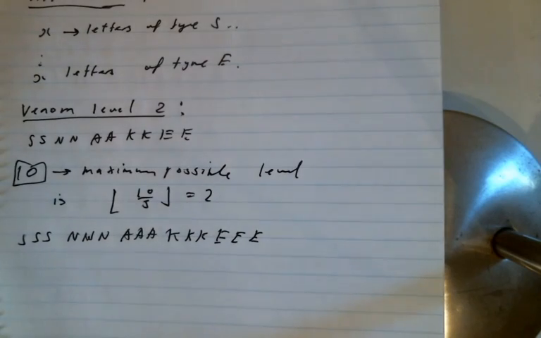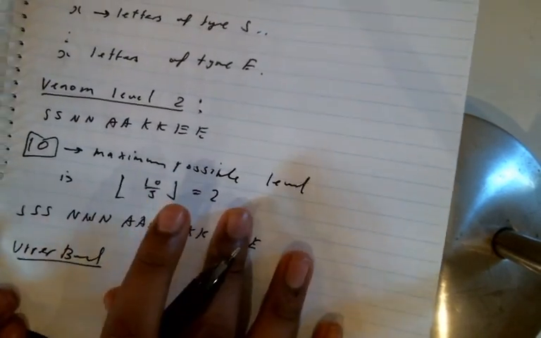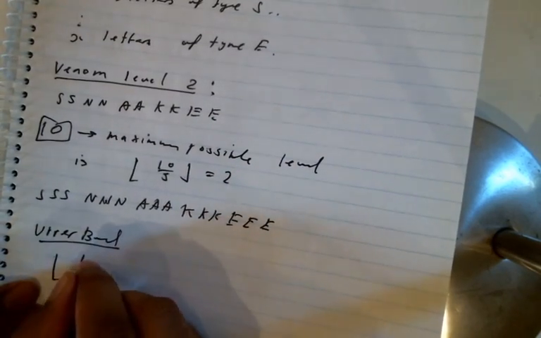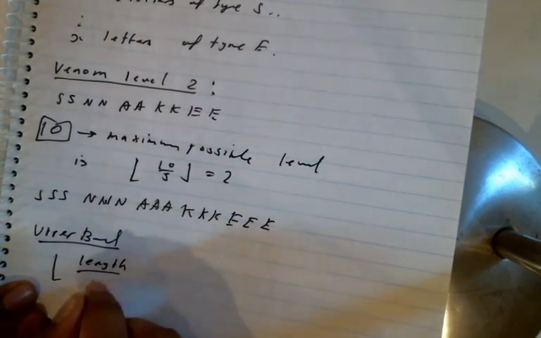That's not enough to make venom level 3, because we only had 10 letters in our DNA to begin with, and we can only remove letters, we can't add them. Does that make sense? Cool. So the upper bound is the floor of length divided by 5.